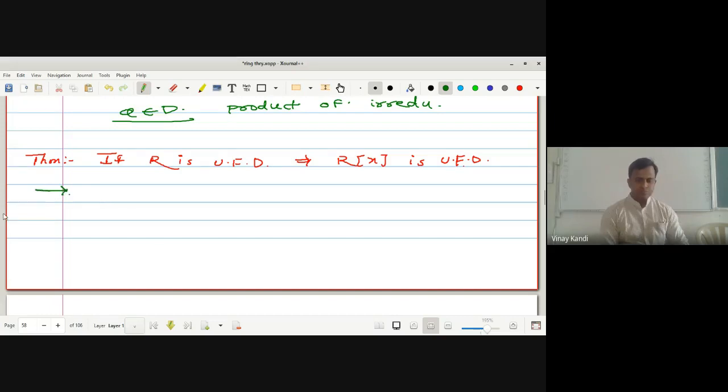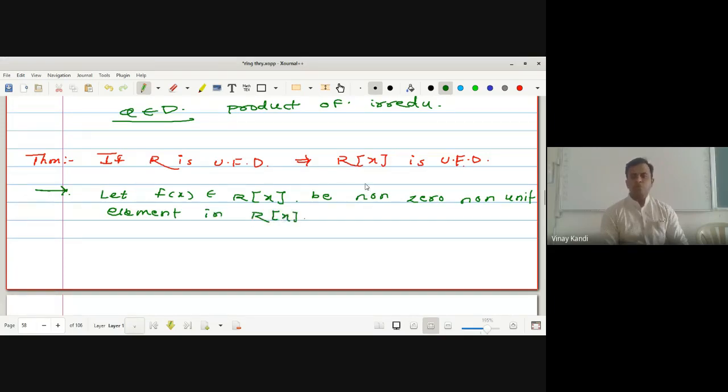Proof. Let f of x belonging to R of x, the ring of polynomials, be a non-zero non-unit element in R of x. We have to prove that this R of x is a unique factorization domain, so it satisfies two conditions.